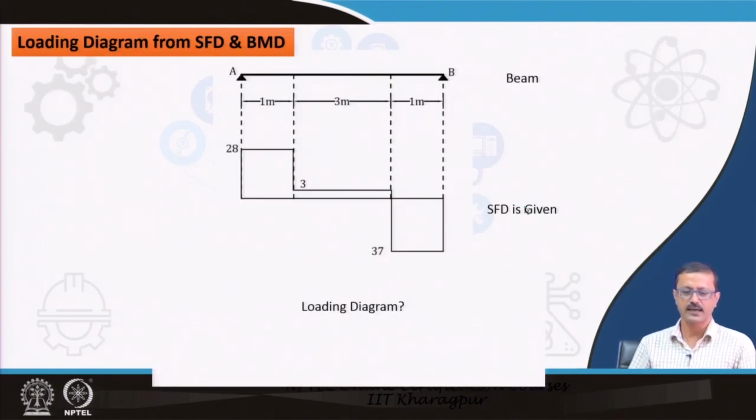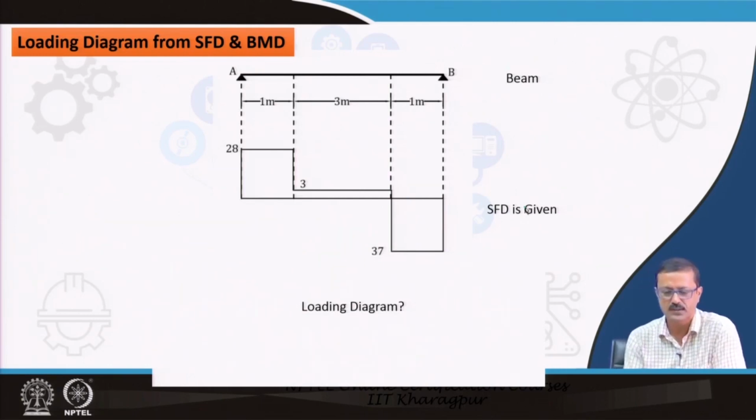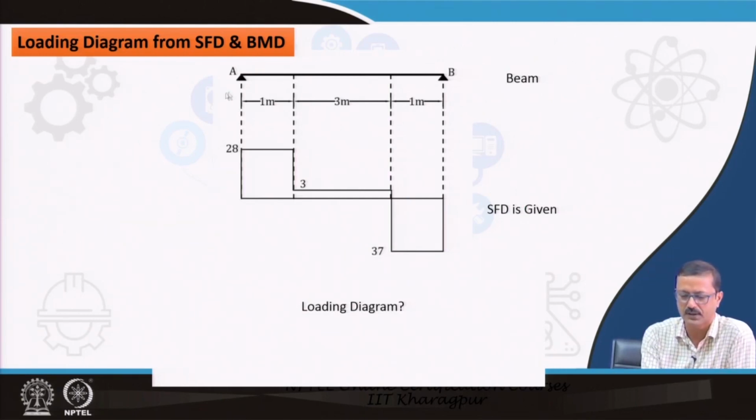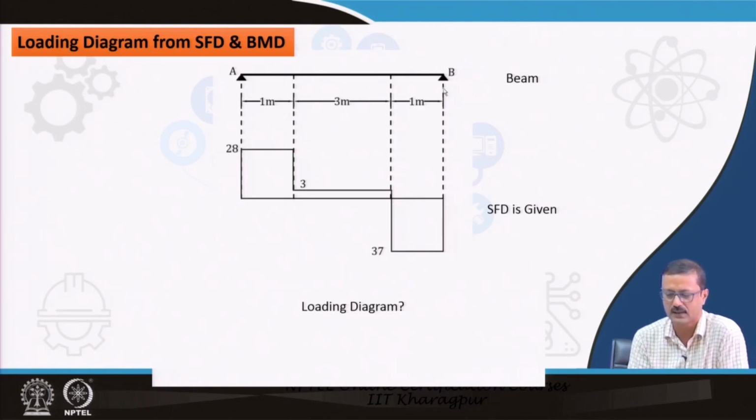So, now the loading diagram from the SFD or BMD. We will discuss this for the sake of academic interest, since some questions in the GATE examination or other government competitive examinations sometimes come from it. Suppose this is a simply supported beam, A and B are the simply supported ends, and this is the diagram.